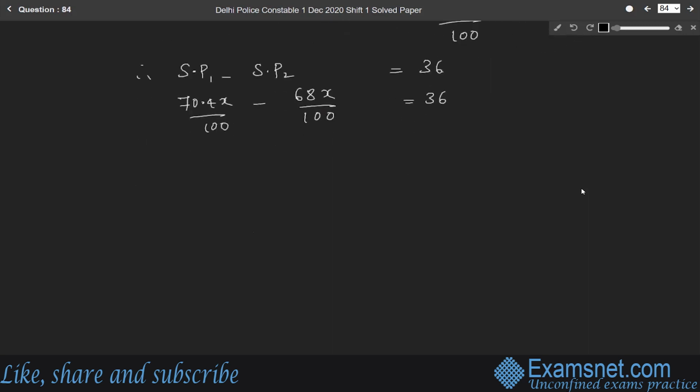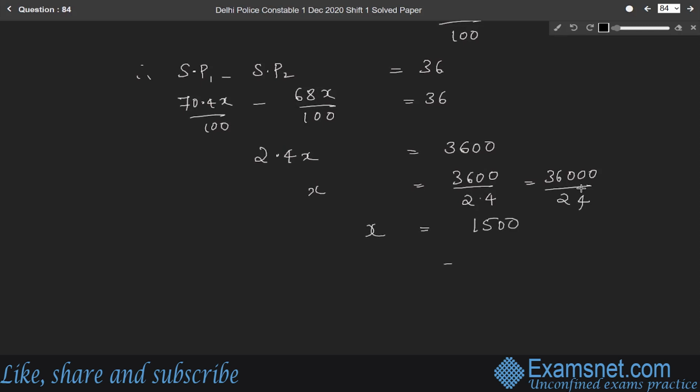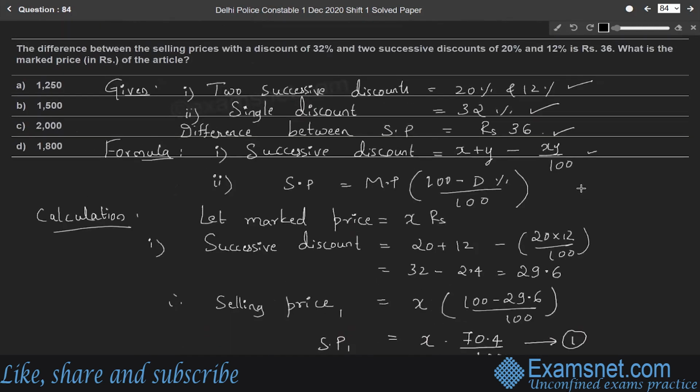Therefore, 70.4 minus 68 is 2.4x, equal to 3600. Therefore, x is equal to 3600 by 2.4, or 36,000 by 24. So this is 1500. Here x, according to our assumption, is the marked price of the article, which is 1500. Hence option B is the right answer.